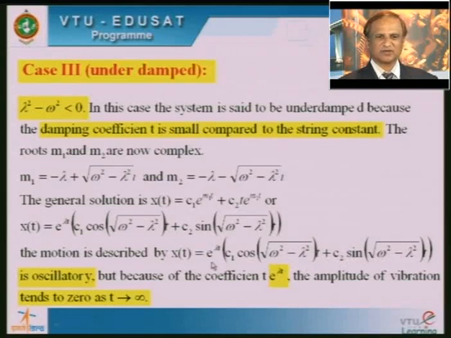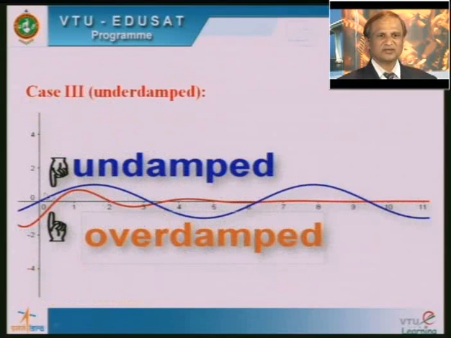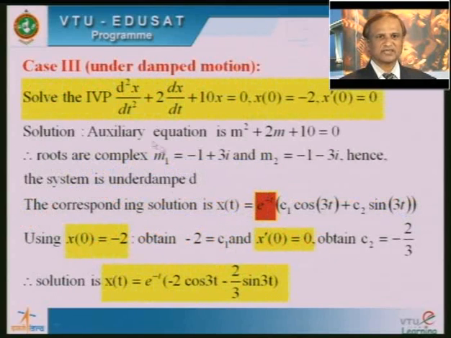That's why the curve tends to an equilibrium position as time increases. That is the meaning. You can observe it looks like this, finally tends to 0. That's why it is called underdamped, or sometimes we call this curve overdamped.